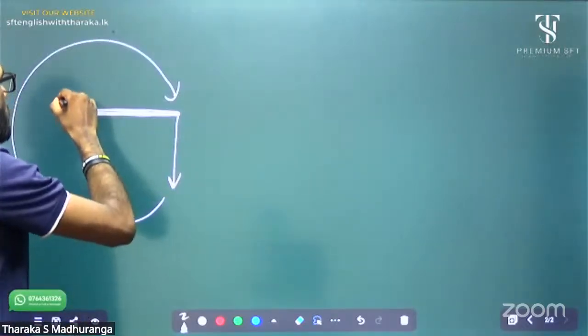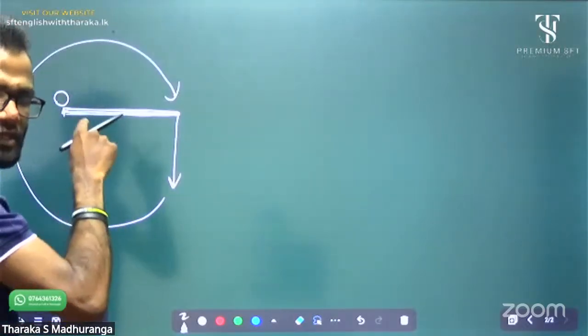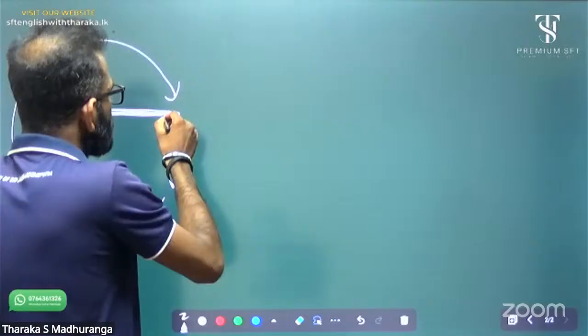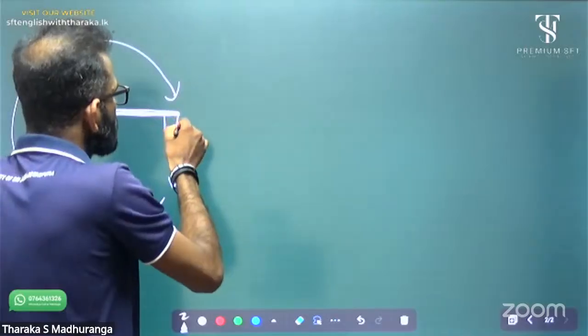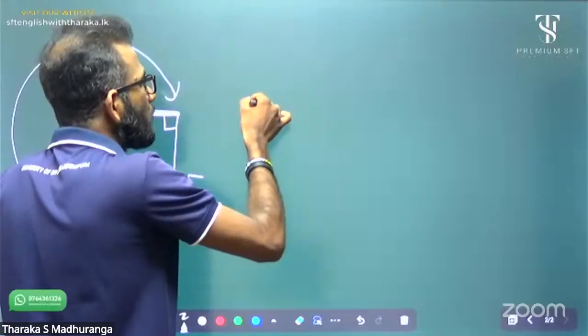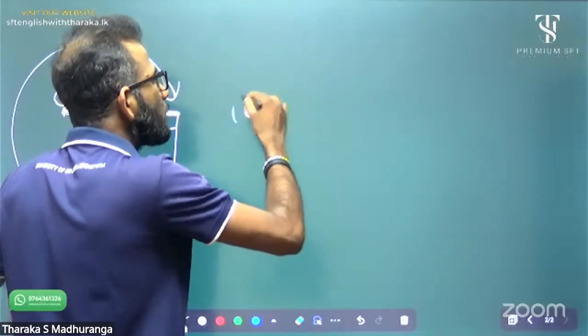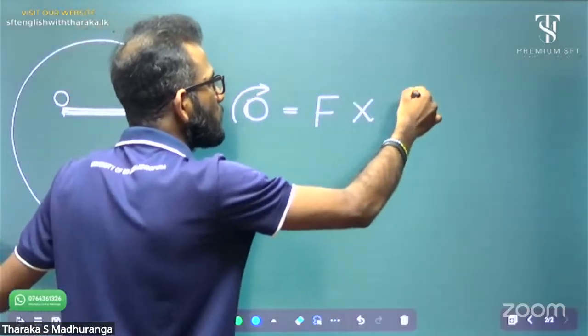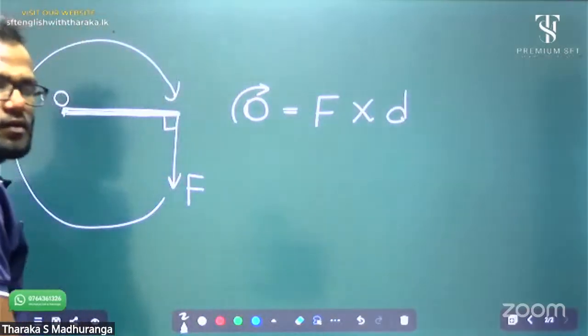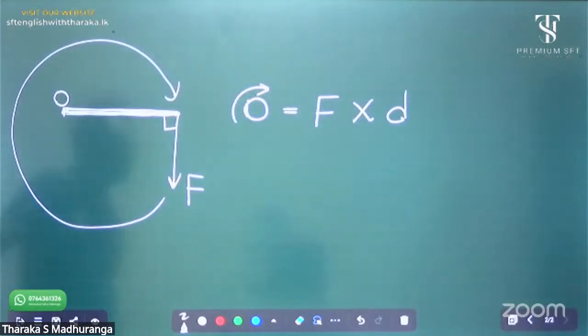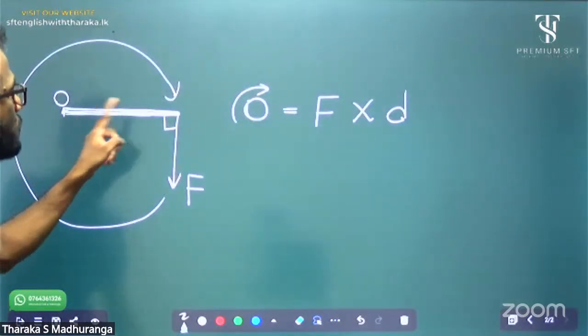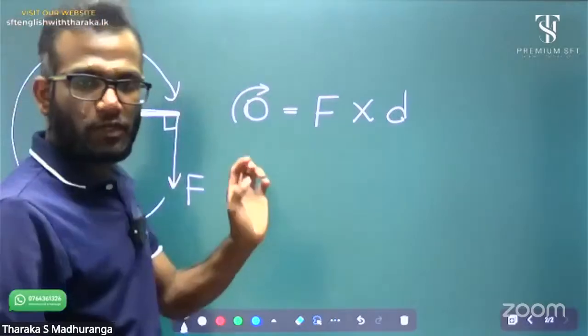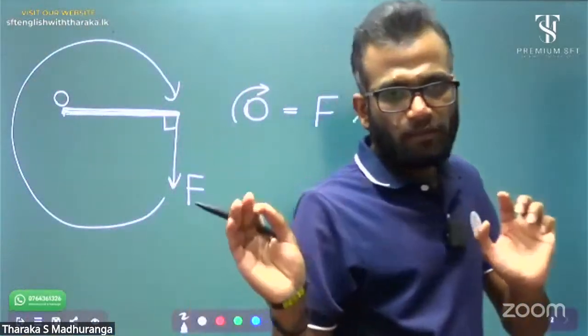What is the equation? Think O point is the rotational point. The moment of force around O point is the applied force multiplied by the perpendicular distance between the rotational point and the force acting point.